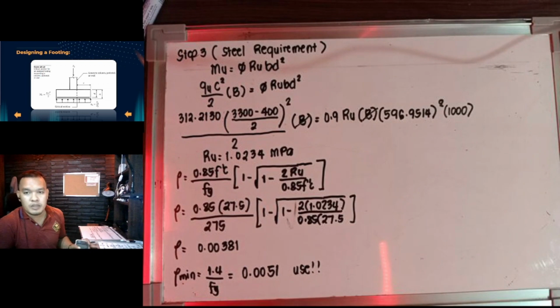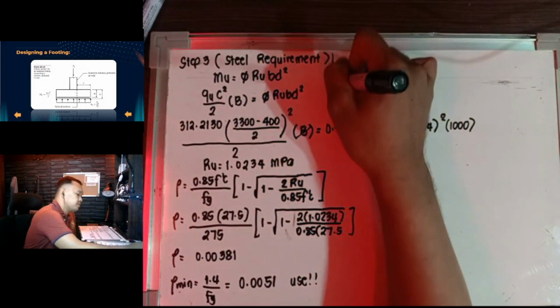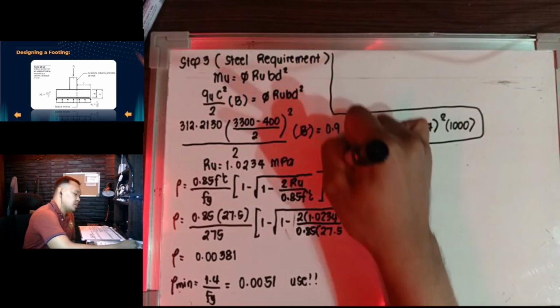Okay. So after you identify rho min, we could get the value of AS. I'll erase this and fit the whole solution on this last board.